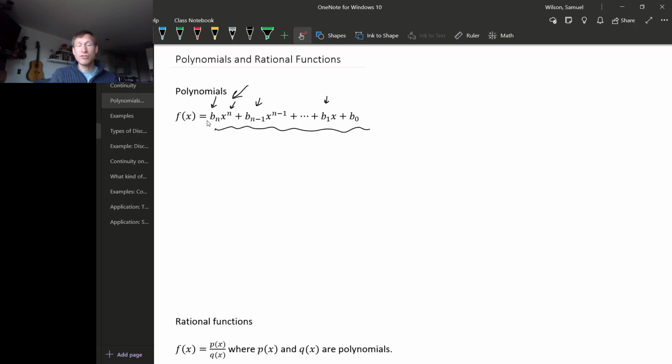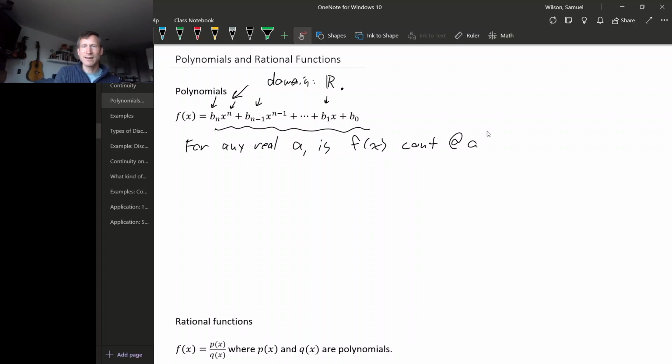So the domain of any polynomial is all real numbers. What we could ask ourselves is, for any real number a, is this polynomial function f of x continuous at a? Well, we can check if it's continuous at a just by checking the definition.